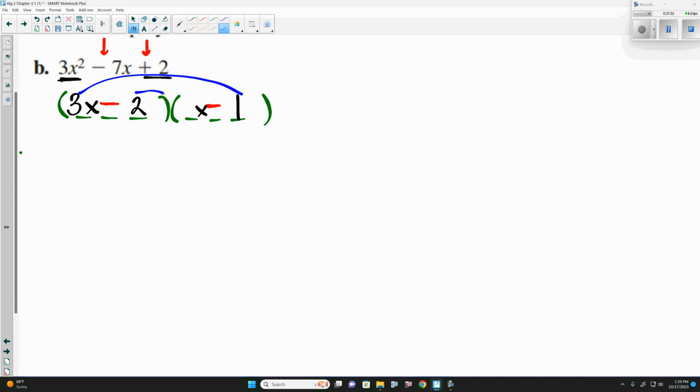3x times -1 is -3x. -2 times x is -2x. What is -3x minus 2x? -5x. We're really adding two negatives together.